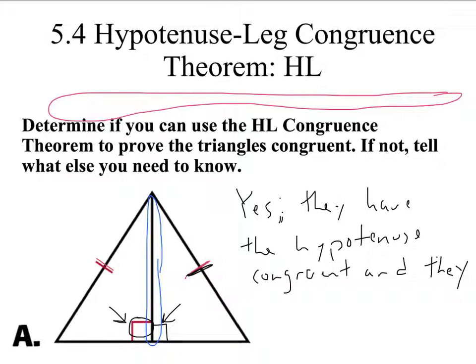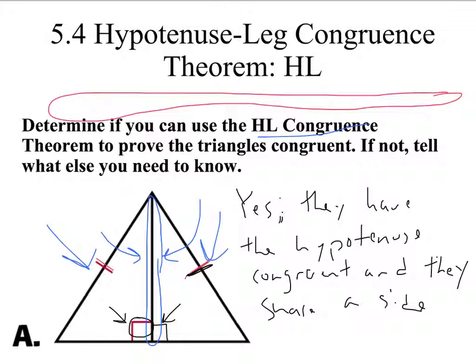The reflexive property of congruency. Don't forget the "of congruency" part as well. Excellent. So we have our hypotenuses on each side that are congruent, and we have our leg that is also congruent.